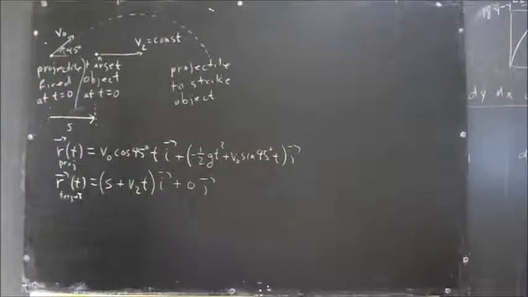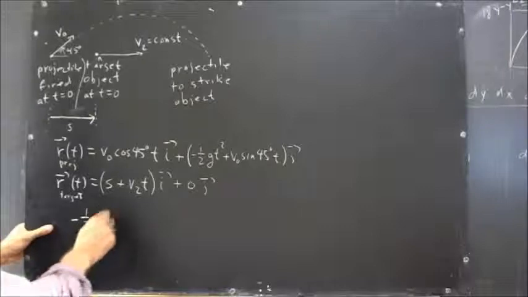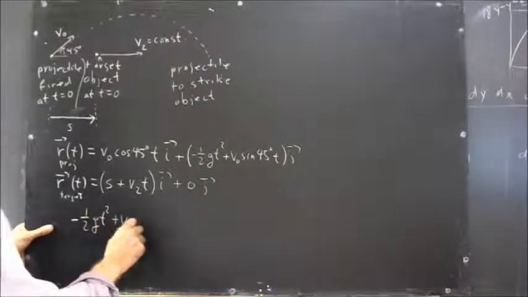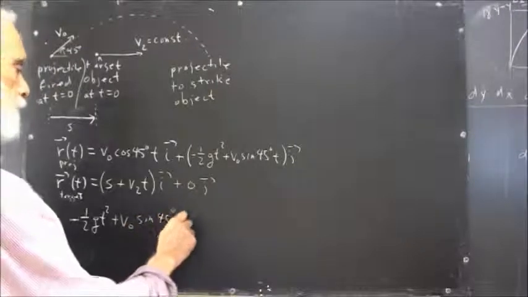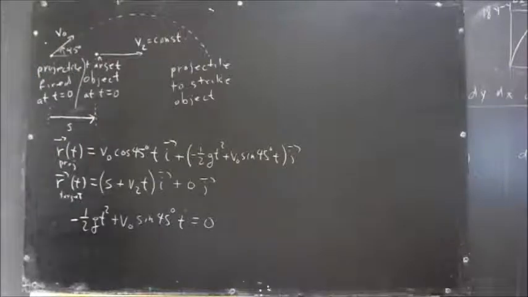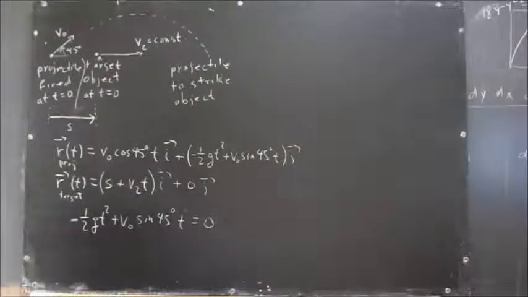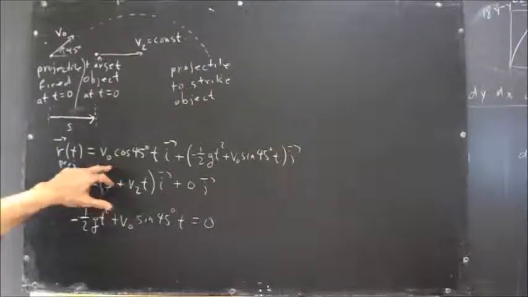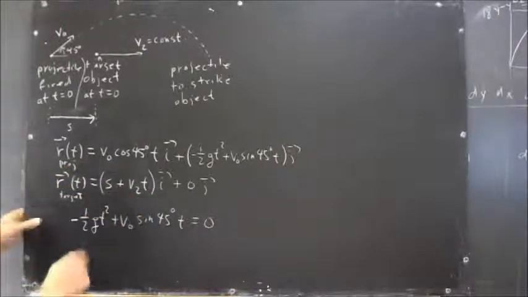So one of our conditions is that negative 1/2 g t squared plus v naught sine 45 degrees times t has to equal 0. We notice we have two unknowns, v naught and t. The other condition is that v naught cosine 45 degrees times t equals s plus v2 t.